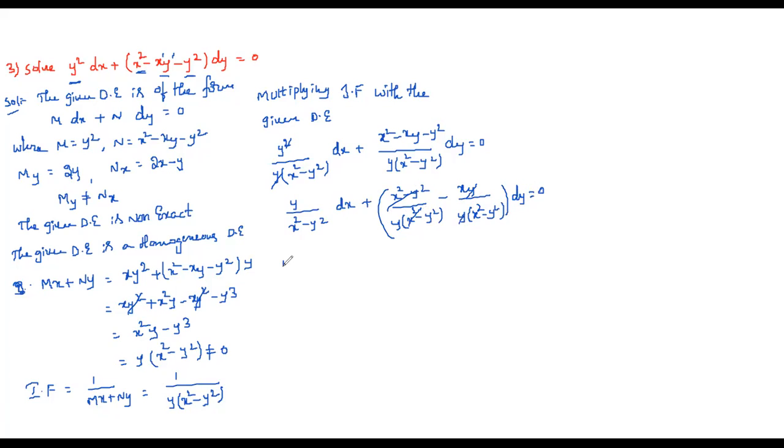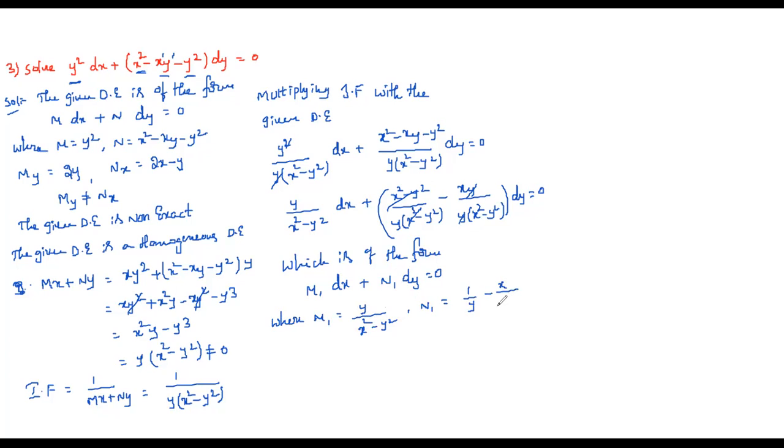Now this is of the form M1 dx plus N1 dy is equal to 0, where M1 is y by (x square minus y square), and N1 is 1 by y minus x by (x square minus y square).